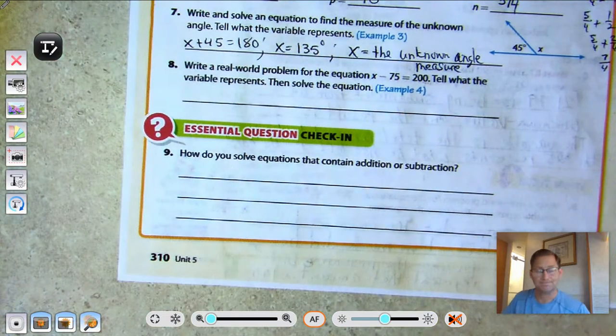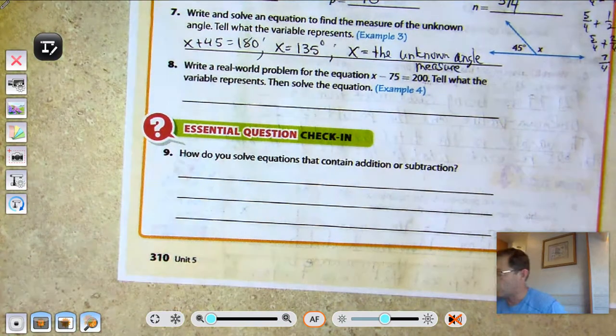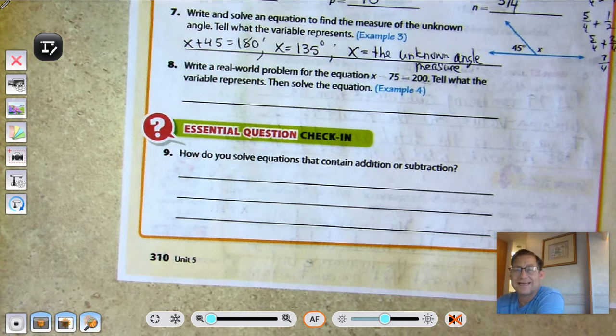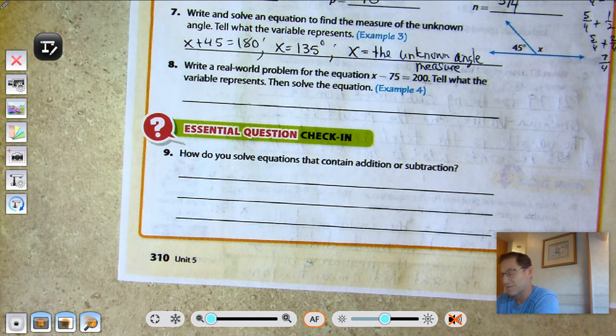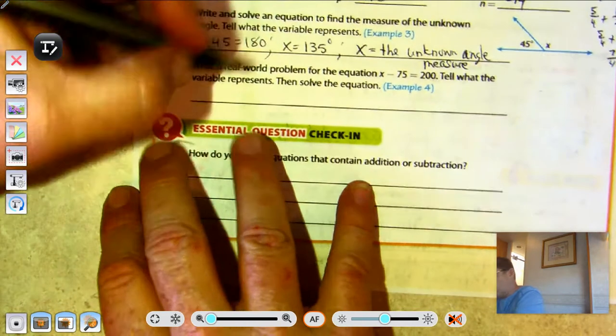All right, number 8. Write a real-world problem for the equation x minus 75 equals 200. I'm going to think of it as like a piece of lumber.